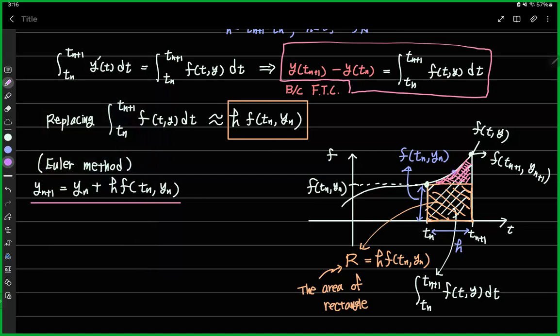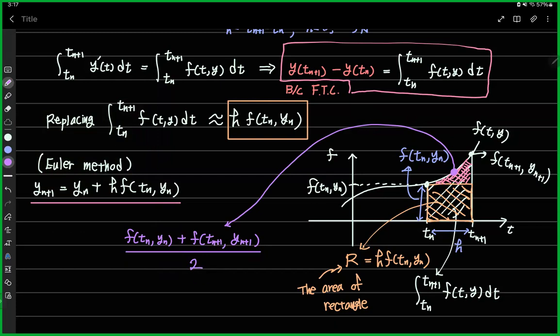So pretty much we choose maybe this point. Okay, so that's going to be f of t n comma y sub n. Let me move this one to right here. It's going to be f of t n comma y sub n plus f of t n plus 1 comma y sub n plus 1, over 2.